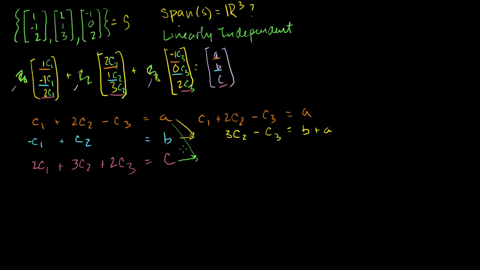You could also view it as, let's add this to minus 2 times this top equation. And since we're almost done using this, let's just multiply this times minus 2. So this becomes minus 2c1 minus 4c2 plus 2c3.